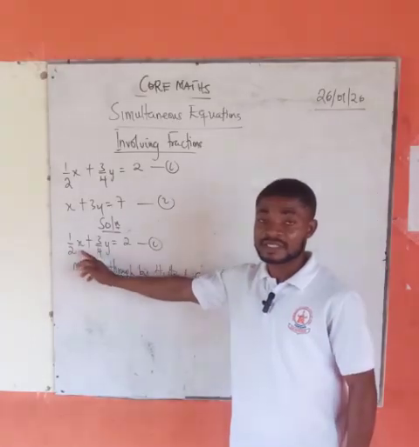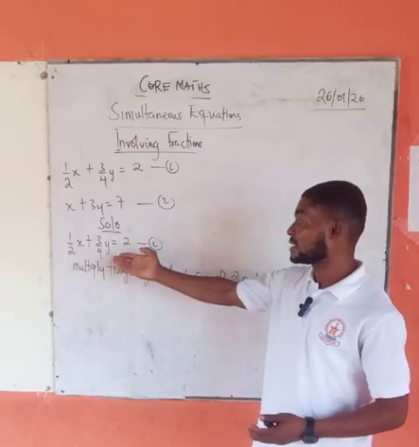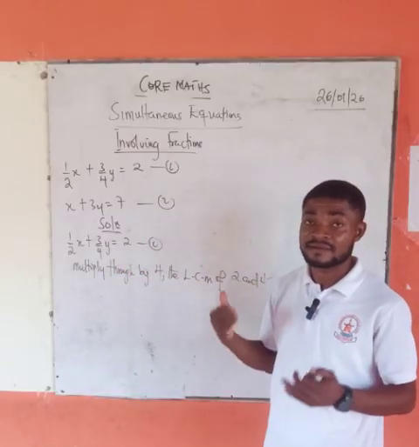So the two denominators, their LCM is 4. After getting the 4, I'm going to multiply all the terms by the LCM, which is 4.